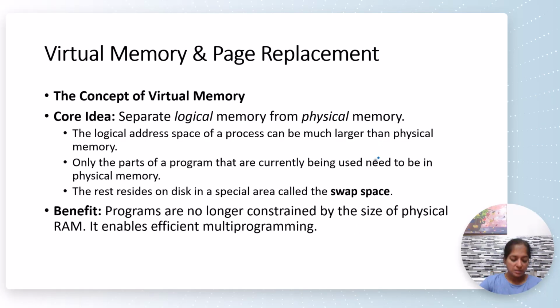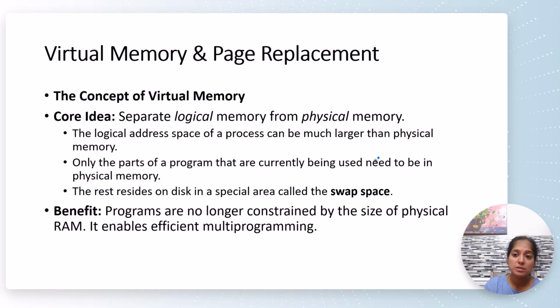Now, let us come towards virtual memory. The core idea of virtual memory is separation of logical memory from the physical memory. The logical address space of a process can be much larger than the physical memory.